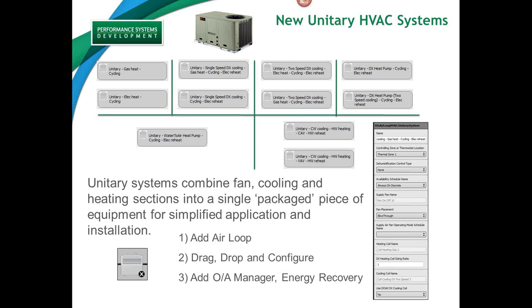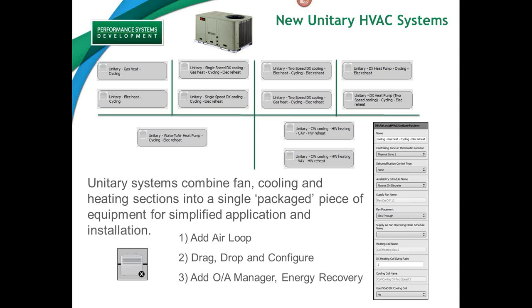In OpenStudio, it's very simple to apply these new HVAC systems. It's basically create an air loop, find the right unitary system, drag and drop that unitary system into the air loop on the supply side and configure that system. And then finally, optionally, item 3 there, add outside air management such as economizer controls, and optionally add energy recovery, whether that's sensible or total energy recovery, to the unitary system.